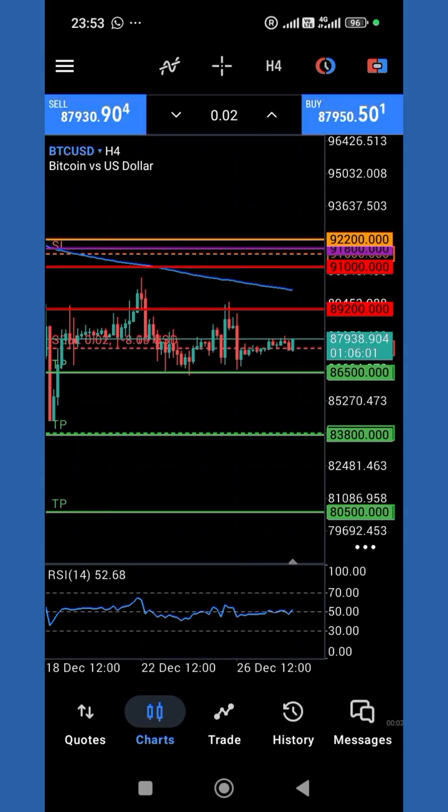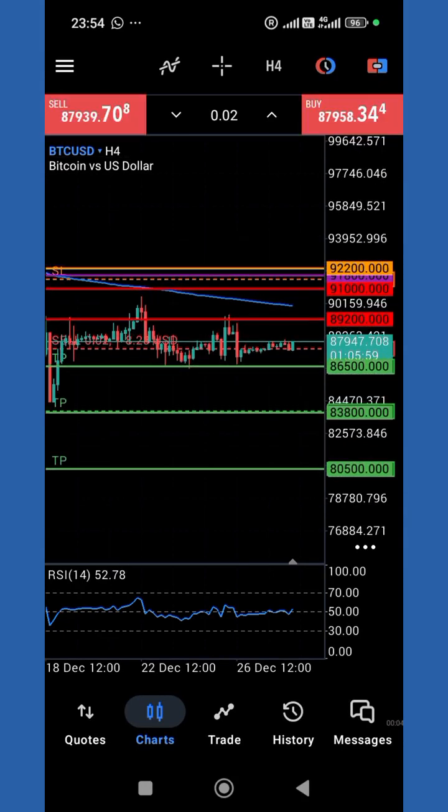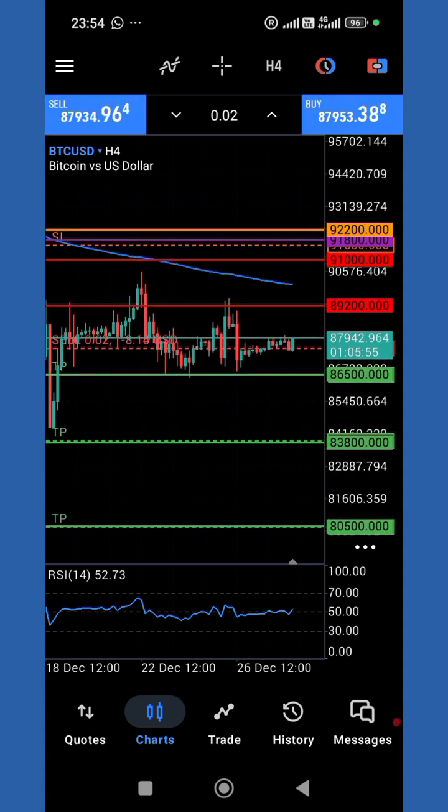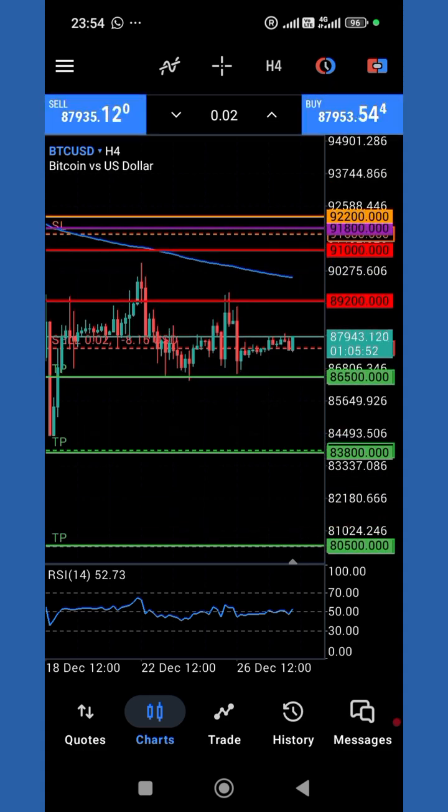So for everything that I detailed in this analysis, this projection will only be invalid if the following that I'm about to say do not work out. Now this is a 4-hour time frame.